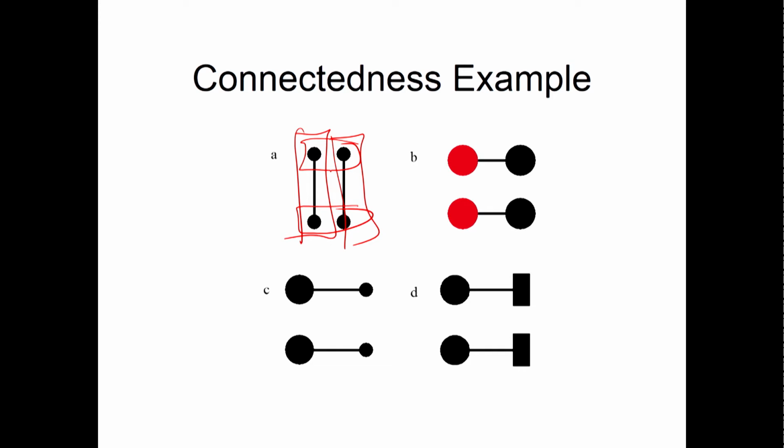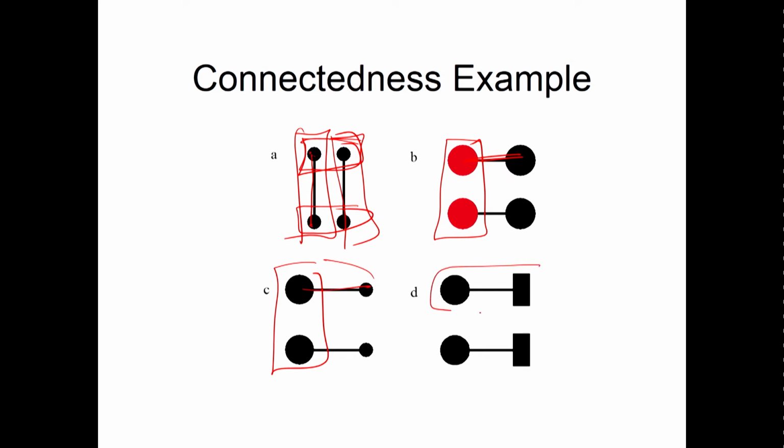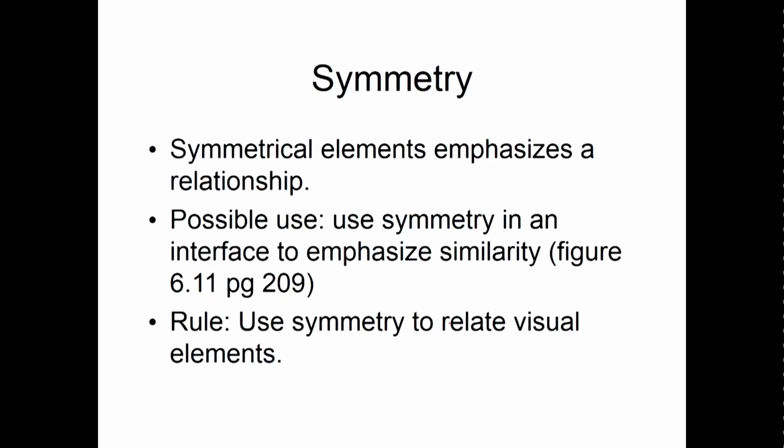If the lines were not there, we would connect them like this. In order to make the perceiver connect these two dots, we need to explicitly connect them with a line. Similarly, if the lines were not there, we would group this together, so in order to make it explicit, we need to do this. Here too, we will connect the shape by default; otherwise, you have to connect it this way.